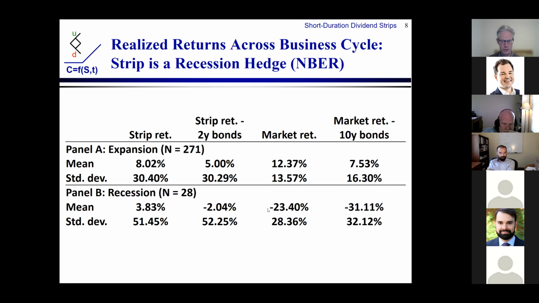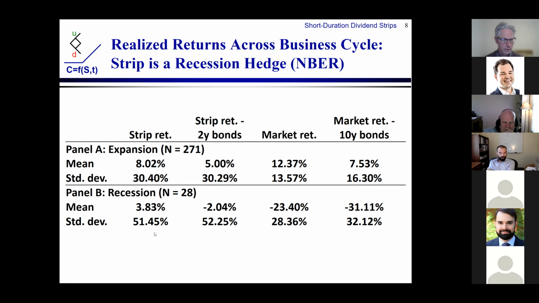During a recession, the market is losing heavily, minus 23%. This is, after all, how we define a recession. But the strip return is not that bad. It's still 4%. But then, mind you, it has a huge standard deviation. So it is very, very volatile. This is all measured at the monthly holding period. So we are getting the full exposure to the high volatility of the strip returns.